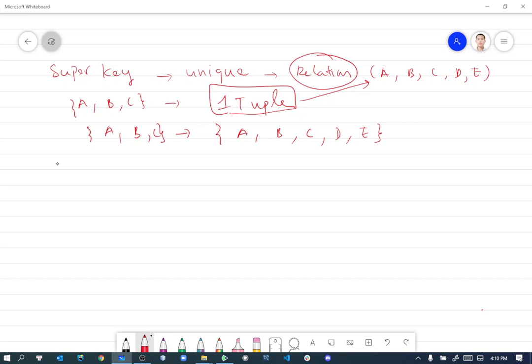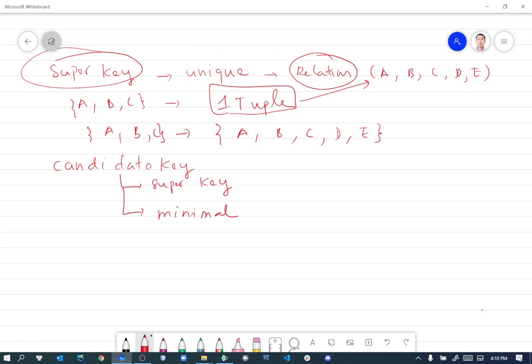Now the next idea is a candidate key. A candidate key first has to be a super key. Secondly, it has to be minimal. First, it has to be a super key, which means that given one set of values for it, you can find only one tuple.